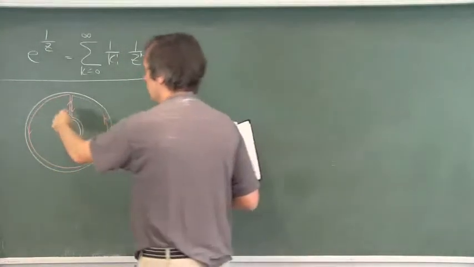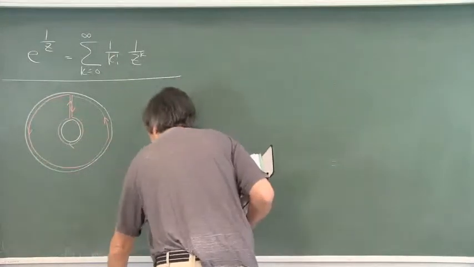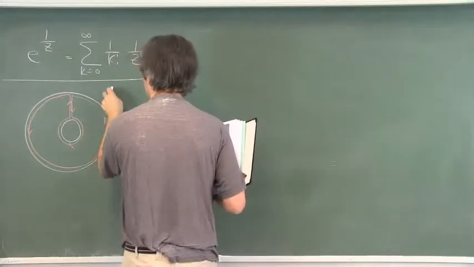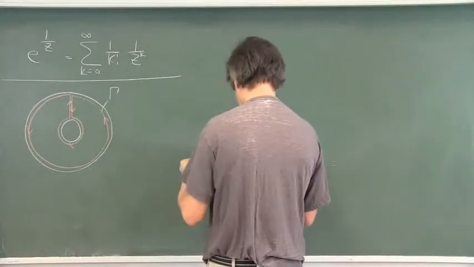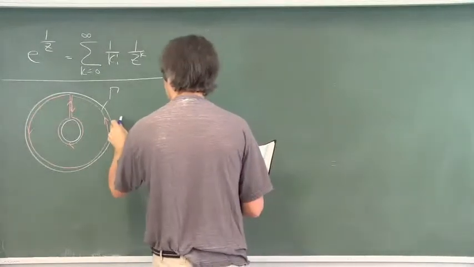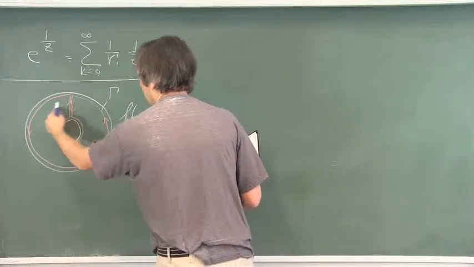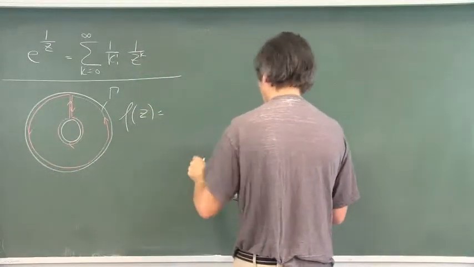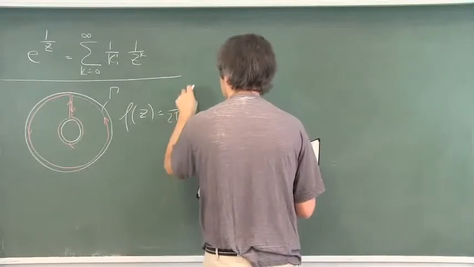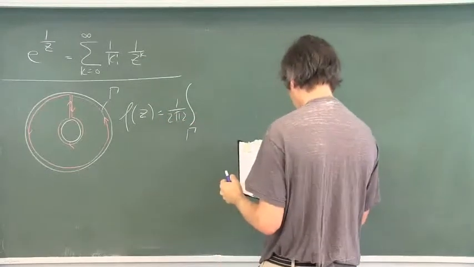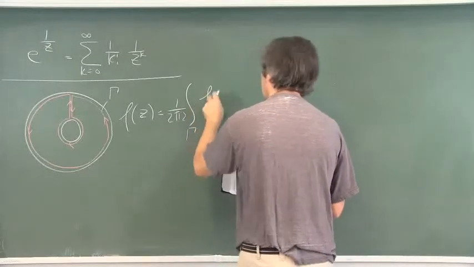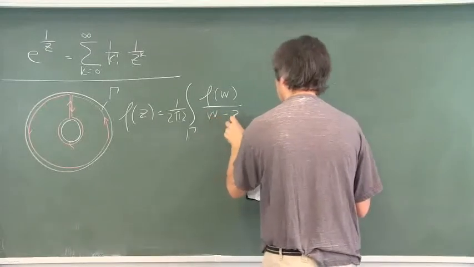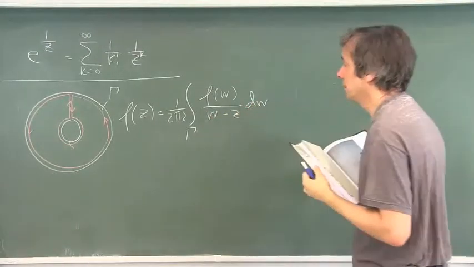So here you can actually use the Cauchy integral formula. So if we call this curve gamma, then for any point z inside here now, you can write that f(z) is equal to 1 over 2 pi i times the integral over gamma of f(w) divided by w minus z dw, like this.